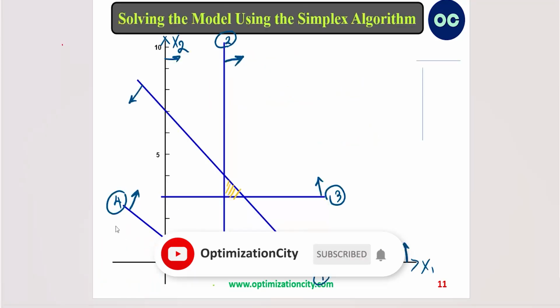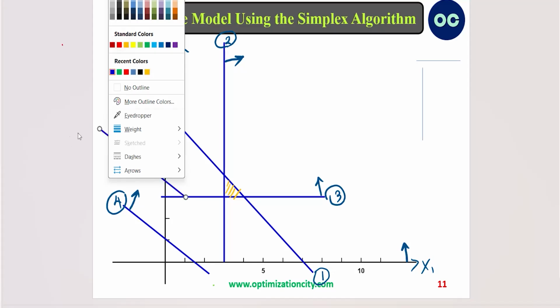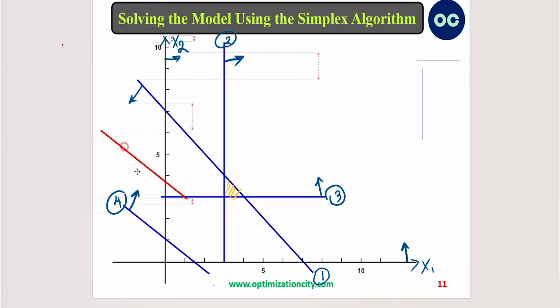So we plot here the objective function, changing the color to red. 1.5 here, 0 and 0, 2.5. This is the objective function in this case.